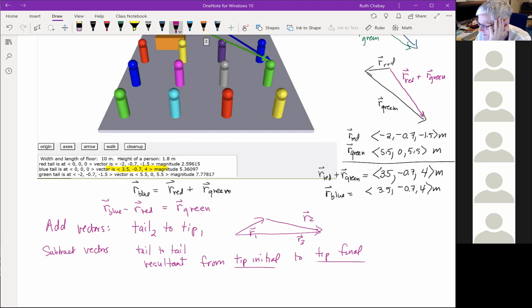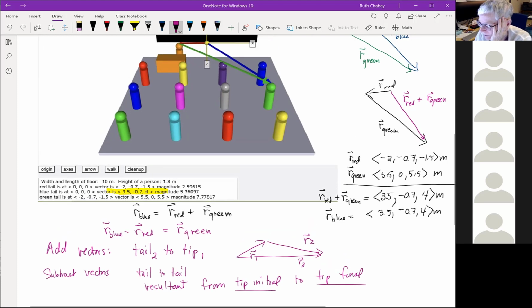And so we can see from our diagram up here that the green vector goes from the tip of the red vector to the tip of the blue vector, so green must be blue minus red.